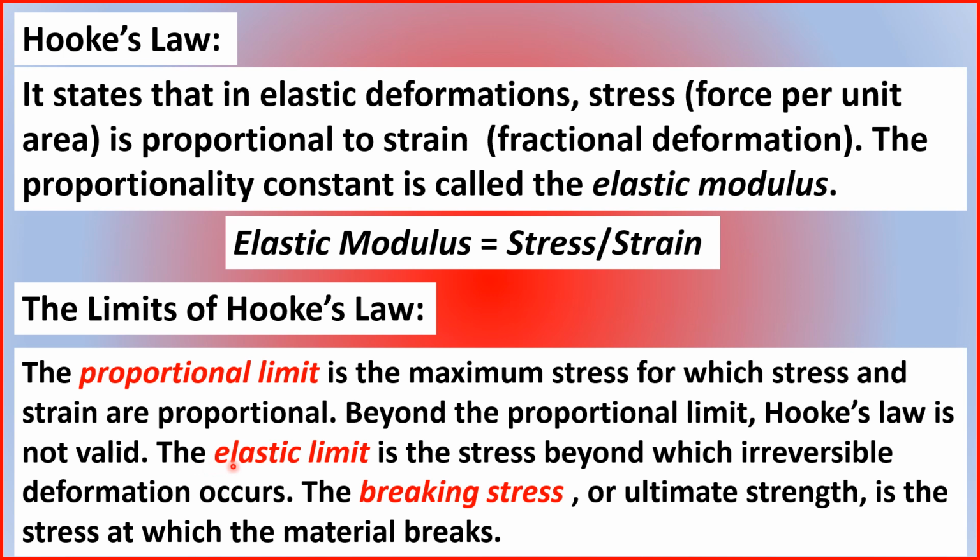The so-called elastic limit is the stress beyond which irreversible deformation occurs. And the third equally important concept is the so-called breaking stress or the ultimate strength. It is the stress at which the material breaks.